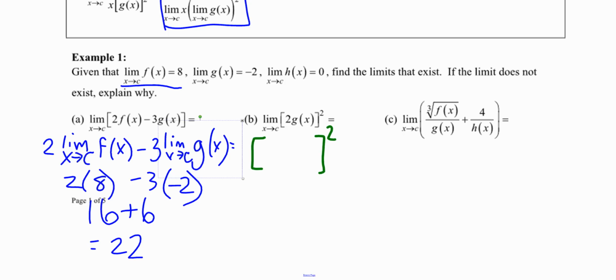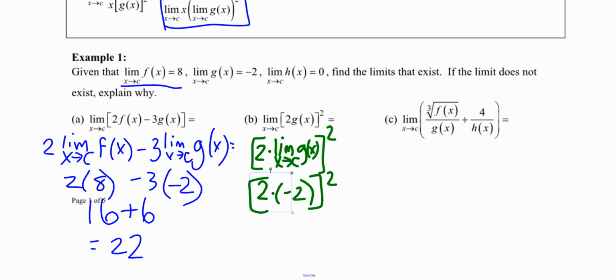The constant I could bring to the front. So we have 2 times the limit of g of x as x approaches c, 2 times -2, quantity squared. So we have -4 squared, which will give us positive 16.